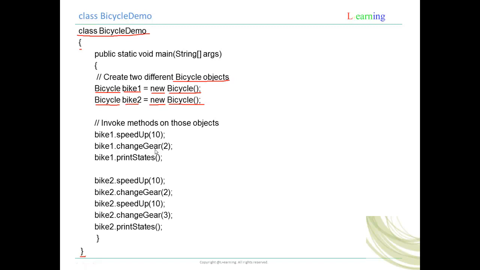Now let's invoke the methods on object 2, that is bike2. We increase the speed by 10, we change the gear to 2, then we again increase the speed by 10. So now the speed has increased by 20: 10 over here, 10 over here.